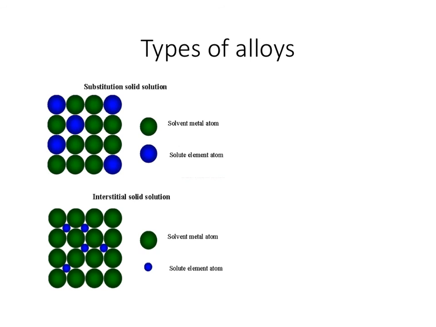Next we have types of alloys, and this is our very last section for this unit. So an alloy is a mixture of metals. An alloy will typically retain its sea of electrons, so it is generally still conductors.